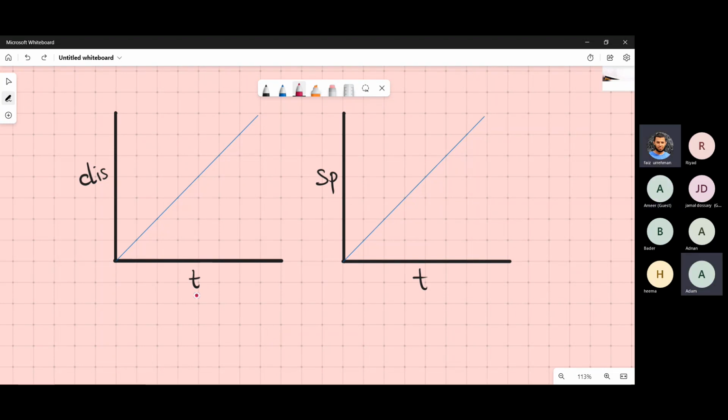So you are telling me that the first graph is showing us the speed and the second graph is showing us the acceleration. This is what Riyadh and Amir and Adam said, right? But I want more. It's written, a distance time graph shows how the distance changes with time. It's written like this in the book.